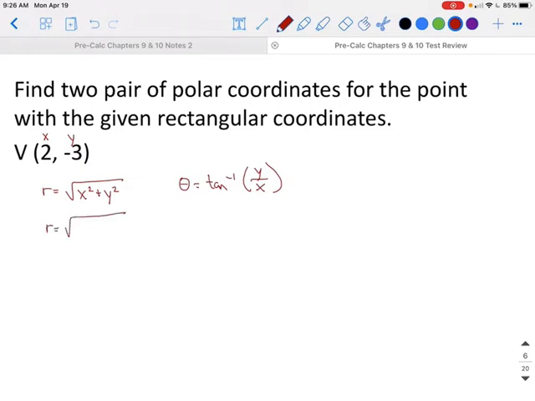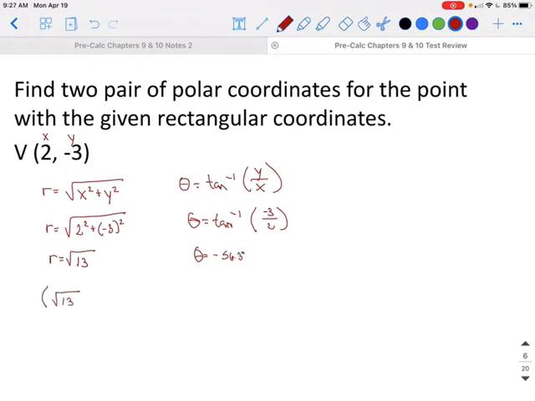So to find our r value, we are going to do 2 squared plus negative 3 squared. And if we simplify that, it'll give us a radical 13. If we do the tangent inverse of negative 3 over 2, then our theta value is negative 56.3 degrees.